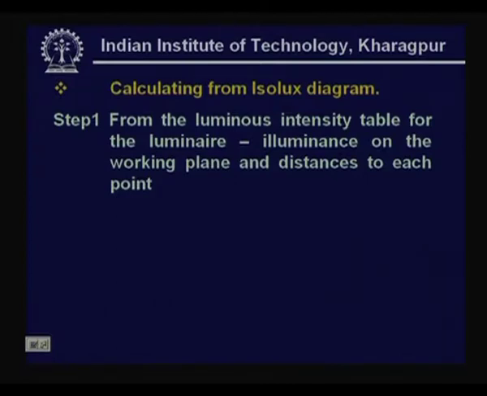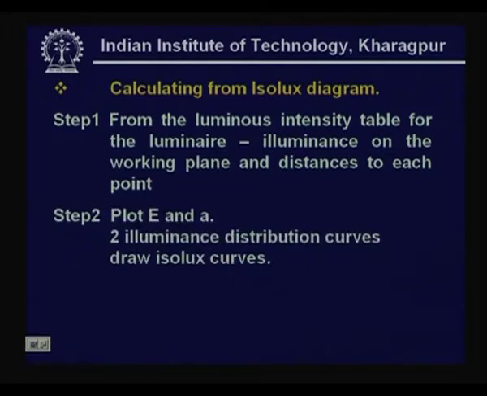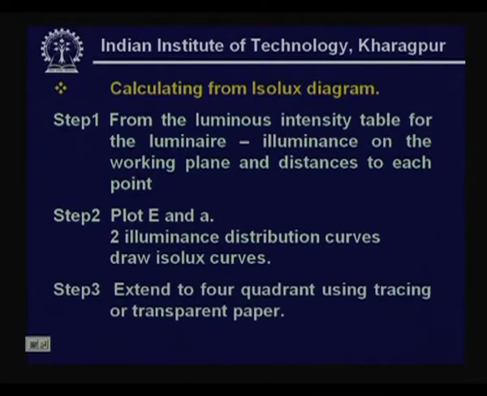It will become clear because we will take one example where the layout of lamps is given, and at a particular point we plot E and A, that is, with the distance from that point we plot the illuminance curves, which could be circular or isolux curves. Then draw the distribution curves.